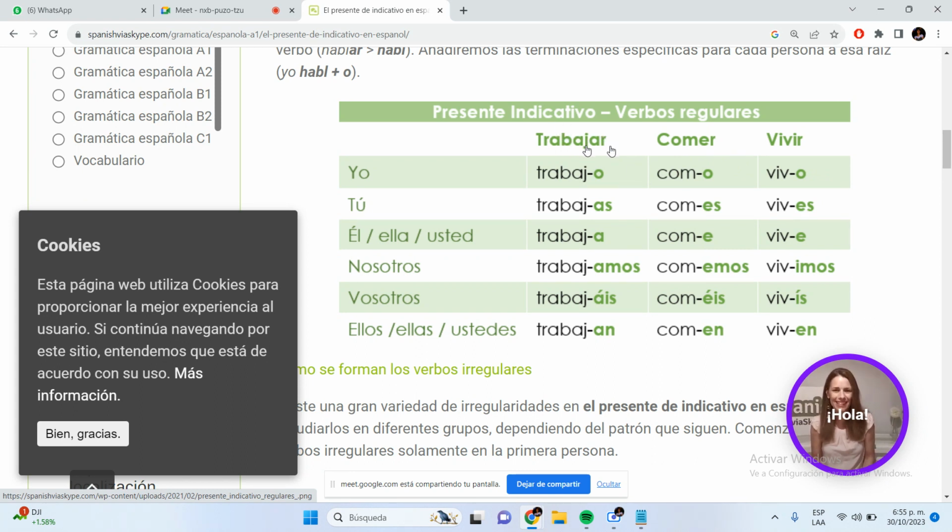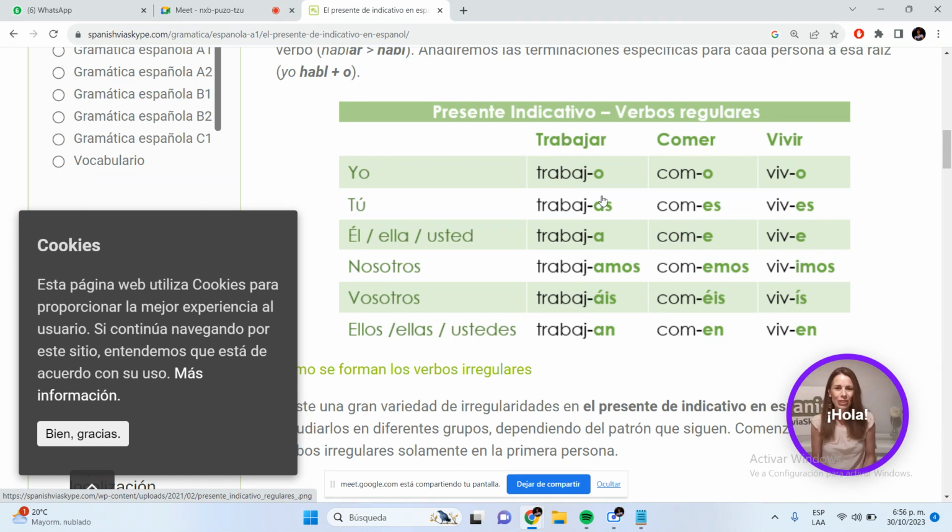Trabajar means to work, comer means to eat, and vivir to live. Because those verbs are regular, if we talk about any other verb that ends with ar, for example hablar, to speak, it's going to have the same pattern. And the same with regular verbs that end with er, and regular verbs that end with ir.